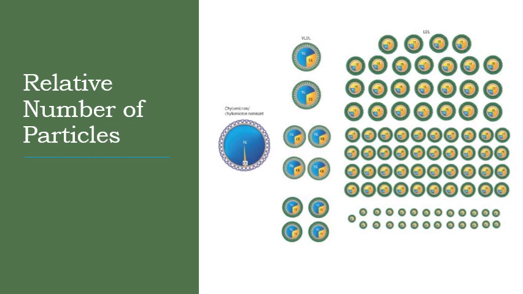Picture this. If we were to put all of our ApoB particles in a jar, approximately 98% of them would be LDLs. This gives you an idea of the proportions each particle makes up within our bloodstream at a given time.